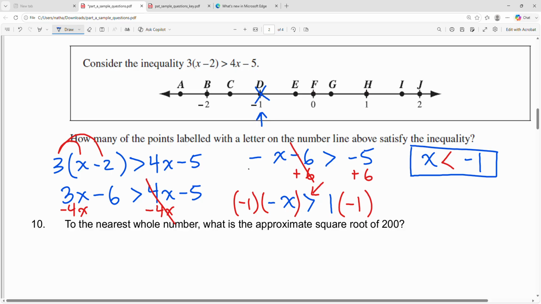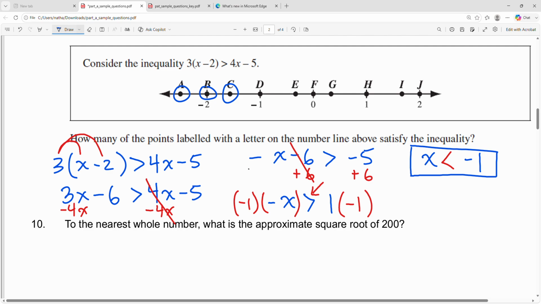Let me just remember how we would graph these. If we don't include that, we would use like this big open circle, right? And then we draw a line on the graph. And then all our solutions are here, right? We start from this open circle and then everything to the left. So we're talking about everything to the left of negative 1. So we've got 1, 2, 3 points with letters on them that are included in that solution.